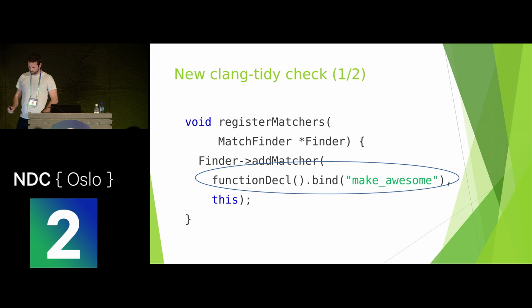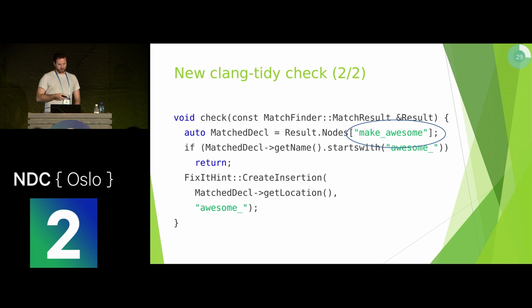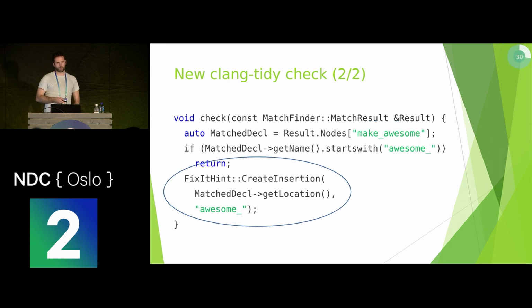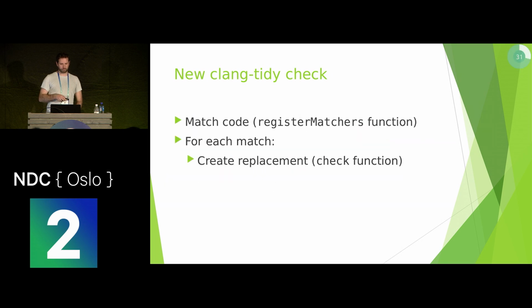We have functionDecl, bind, make awesome. That means that we're creating a binding for every function declaration in the code, and the binding is called make awesome. And then in the check method, we use that same name, make awesome, get it out of the results, and create insertion to insert our code that we want to insert. So that's just a basic two-step process every time.